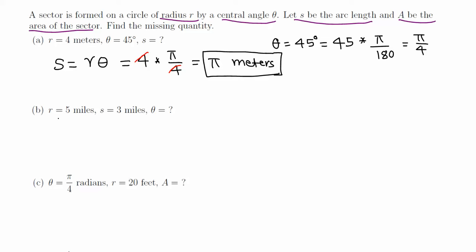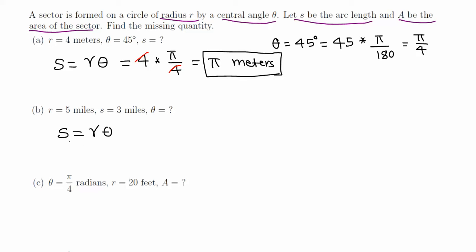Part B, r is 5 miles, S is 3 miles. Now we need to find theta, and the theta that comes out will be in radians, and we know the formula S equals r theta. Now let's plug in the given values and find the unknown.